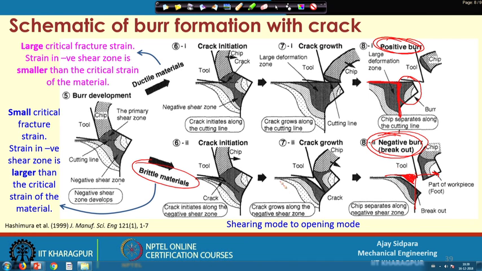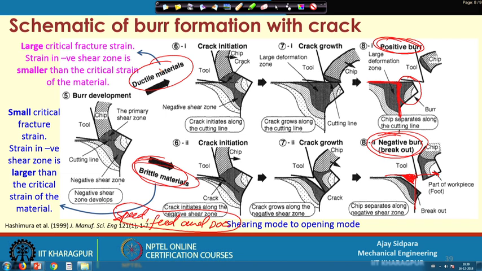Apart from the material properties, if you set different process parameters like speed, feed and depth of cut, at that time also you can control the burr formation.